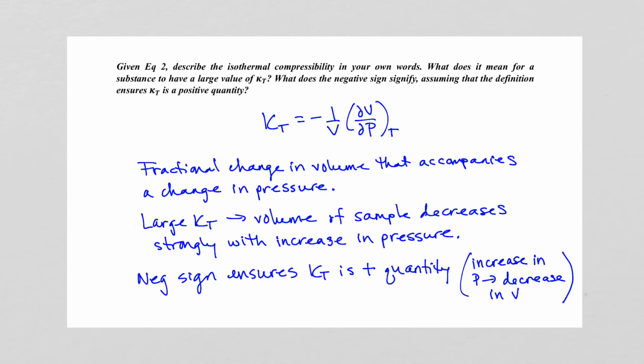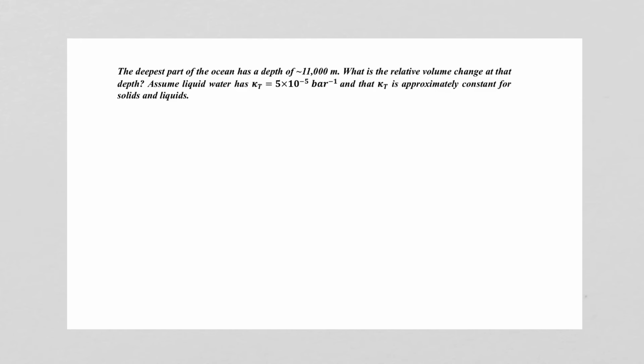All right, let's do an example to put this into practice. Okay, so here's a typical application of our isothermal compressibility factor. Okay, so we have some information here that tells us the deepest part of the ocean has a depth of about 11,000 meters, and we want to know what the relative volume change is at that depth.